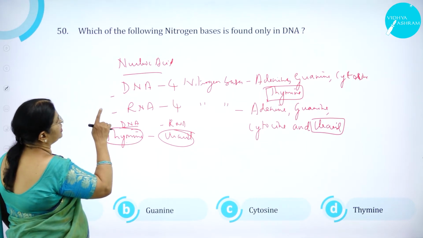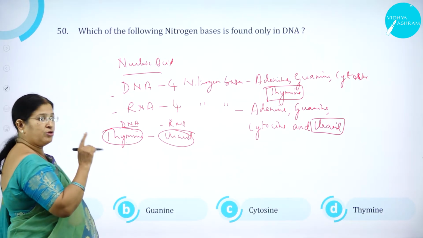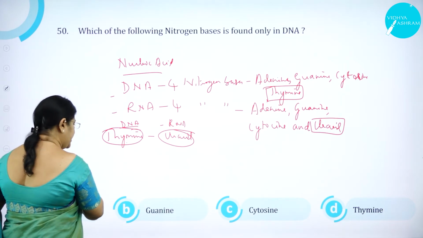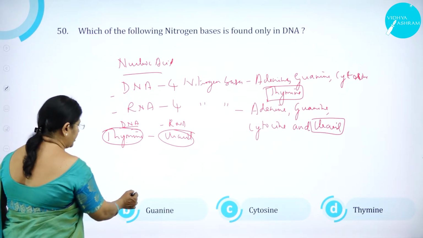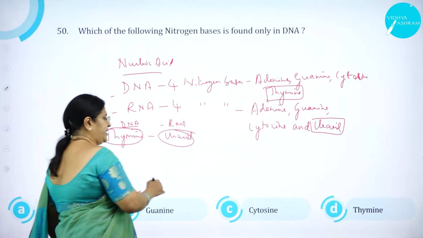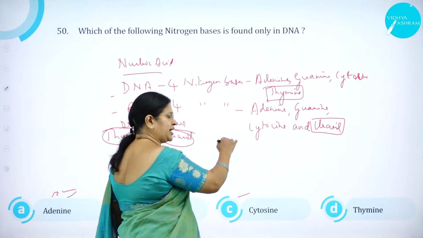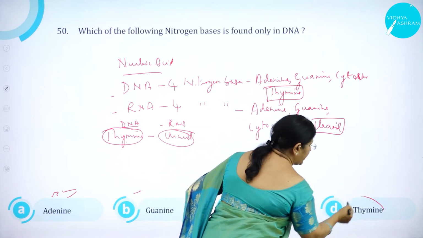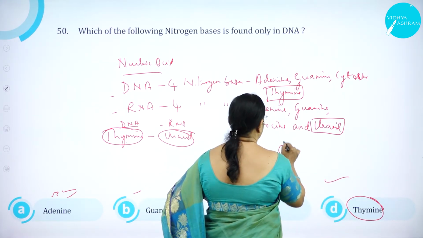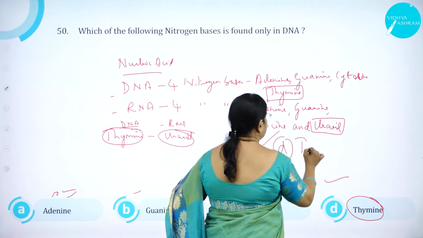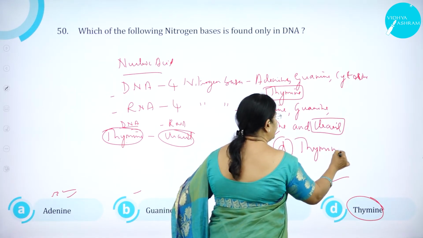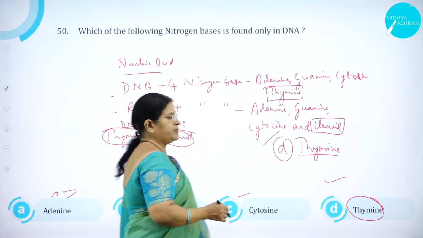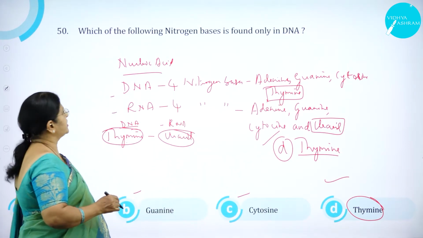So which of the following nitrogen bases is found only in DNA? Adenine is found in both RNA and DNA. Guanine is found in both RNA and DNA. Cytosine is found in both RNA and DNA. The one found only in DNA is thymine, option D. Thymine is found only in DNA, not in RNA. So option D is correct.